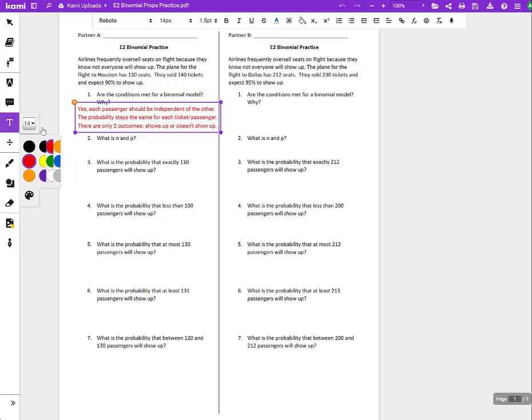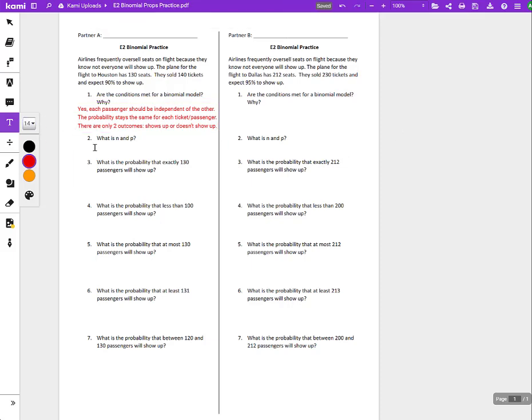All right, so what is N and what is P in this case? So N is we know that there are 130 seats, so it's not the 130. It's the tickets that we're not sure about. How many of those are going to show up? So N is 140, which is the number of tickets. And P is pretty straightforward.